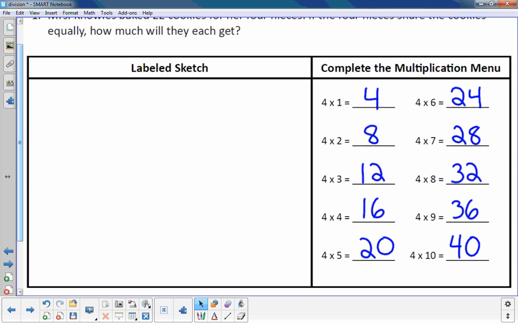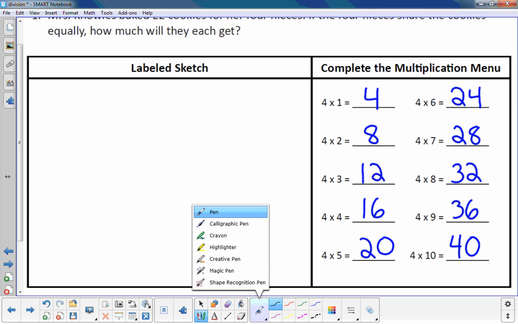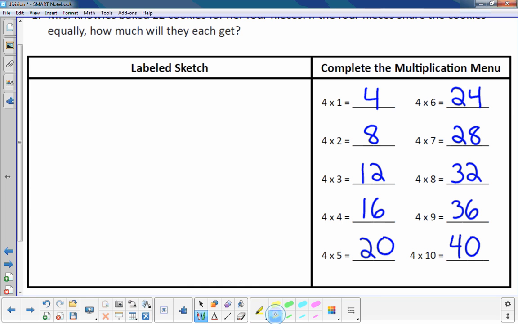One thing I stress in class is this 4. I'll ask students, what does that 4 represent? And they'll tell me that represents the 4 nieces. And this number 1, I'll ask students, what do those numbers represent? The 1, the 2, the 3, the 4, the 5.